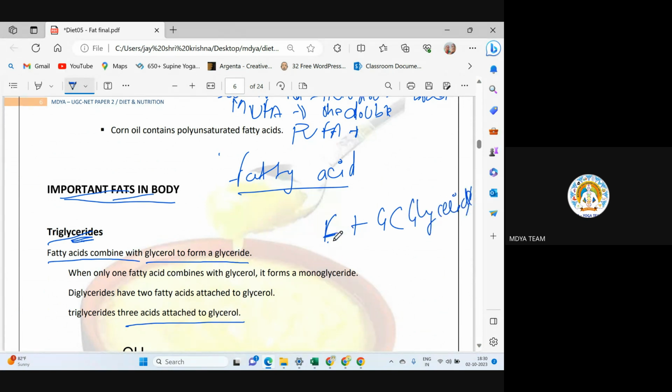If two fatty acids combine with glycerol, F2 plus glycerol, it will be diglyceride. And triglyceride is three fatty acids with one molecule of glycerol.